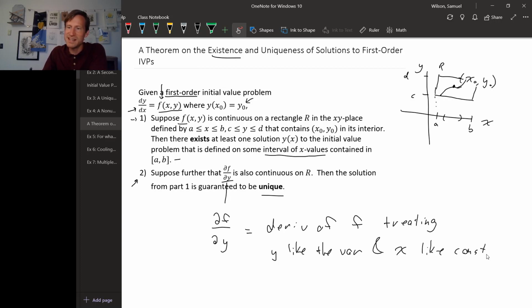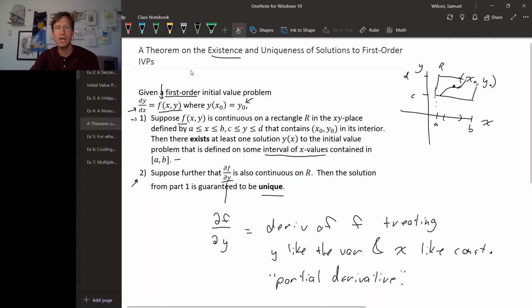So you just pretend x is a constant and y is a variable and take a derivative with respect to y. This is called a partial derivative. And we'll see some examples in a little bit.